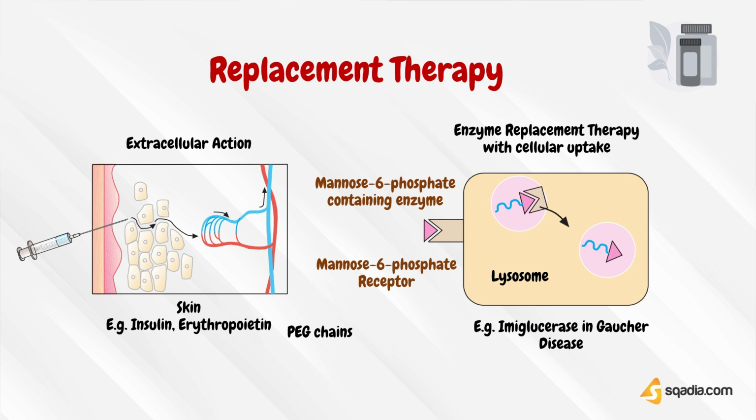By adding mannose 6-phosphate residues to the enzymes, they can be recognized by specific receptors on the cell membrane, which allows them to be taken up into the cells through a process called receptor-mediated endocytosis. Once inside the cells, these enzymes can help break down the accumulated substances and restore normal cellular function.